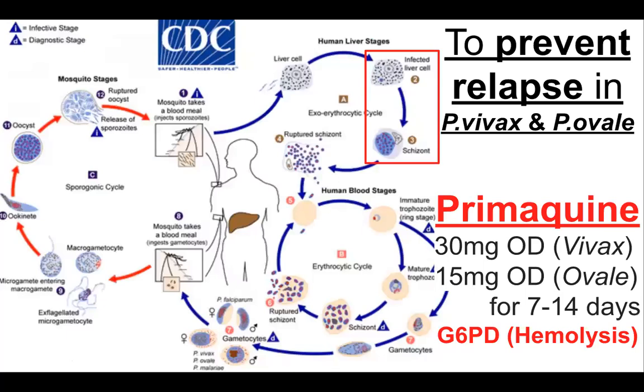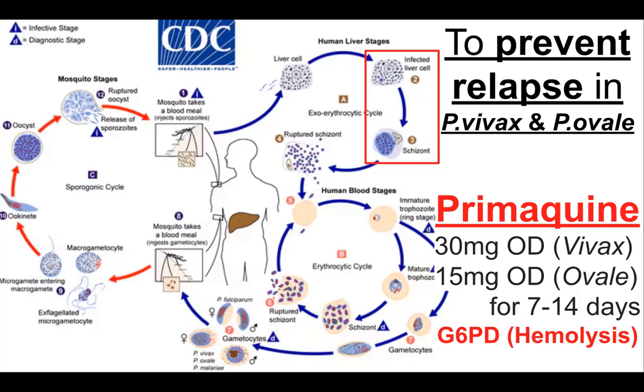So the last thing we need to know about malaria is that in Plasmodium vivax and Plasmodium ovale, sometimes the parasite will be hidden inside the liver cell and then become activated again, which is called relapse.